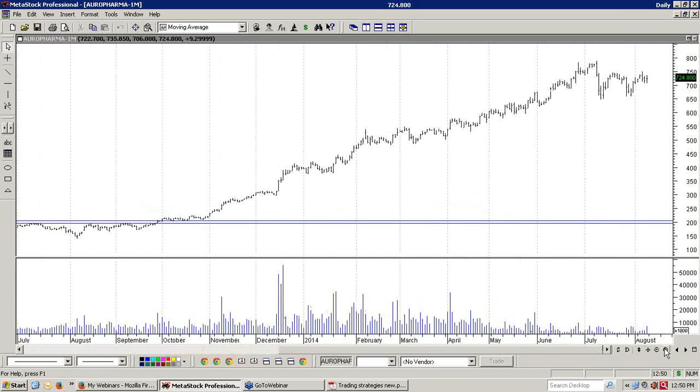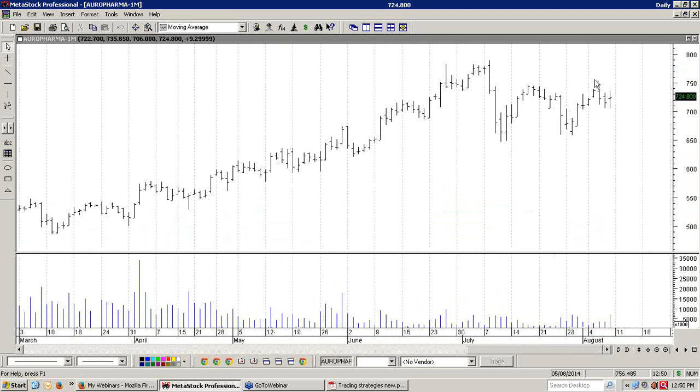Ideally, for Aurobindo Pharma, we should buy only when it breaches above 749, and a sell should be initiated only when it breaches below 711 rupees. So till that point you should wait in that particular stock.